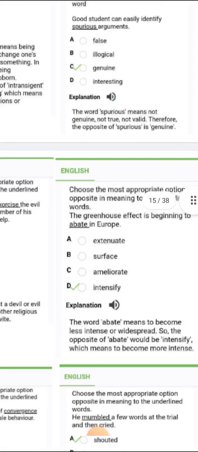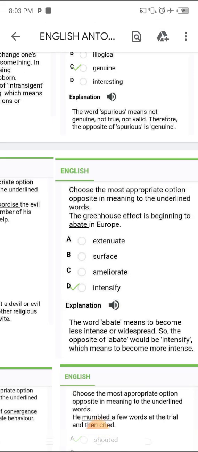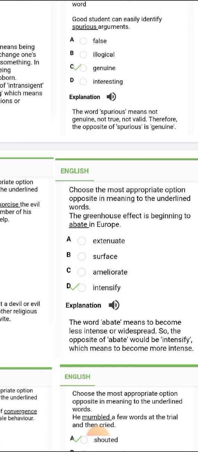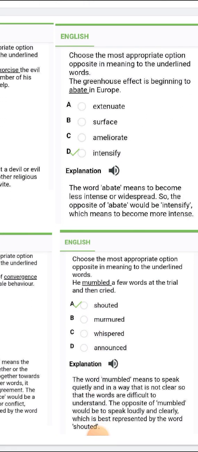So now I know that some of you will be like, how are we going to carry all these things offhand? How are we going to know all these words? I'm not saying you should go and memorize this and know it offhand. That's not what I'm saying. What I'm saying is for you to know the word. Just like somebody like me, when I come across any word I have known before, or any word I have come across, when I see it in any exam, I will definitely look at the options and I will definitely know the one that is the best option.